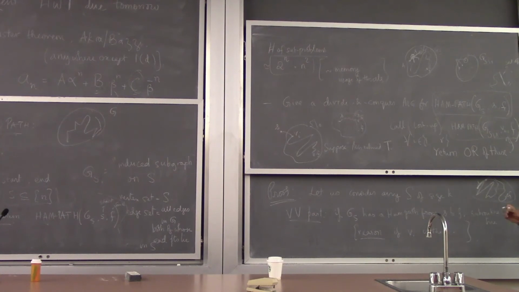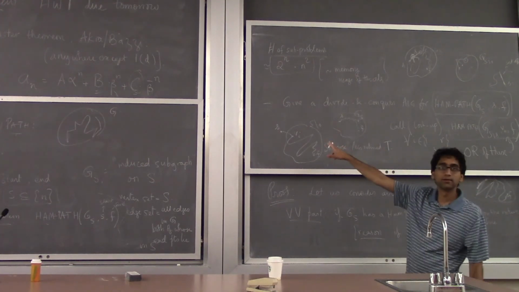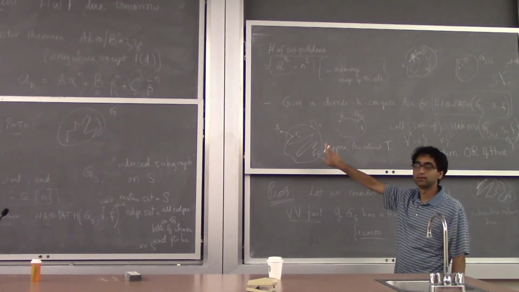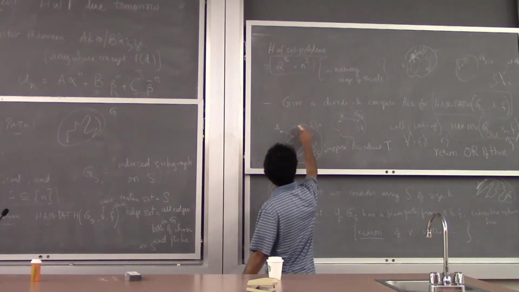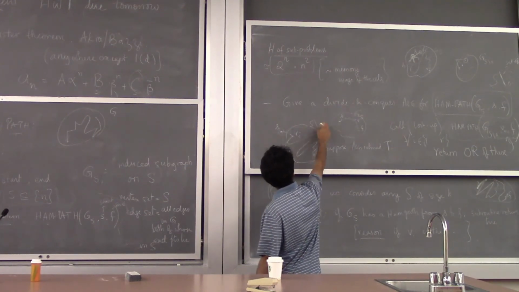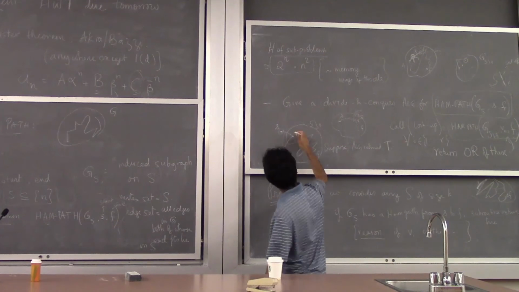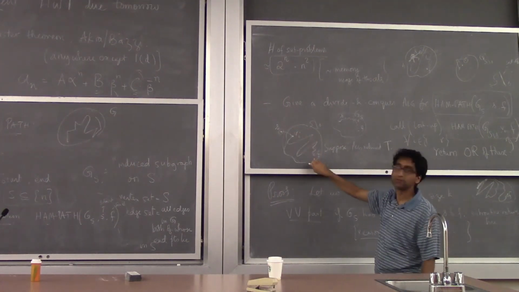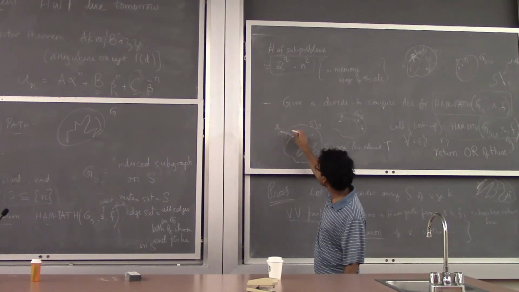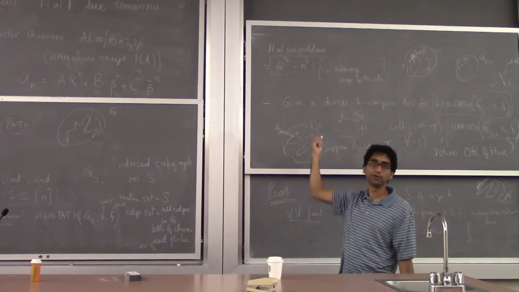If an OR of a bunch of quantities is true, it means that at least one of them is true. So I'm letting that one be Vi. That's how I pick it. Then we know that if I remove little s from this capital S, there is a Hamiltonian path from Vi to F. To that path I am just appending s because s is a neighbor of u by definition.